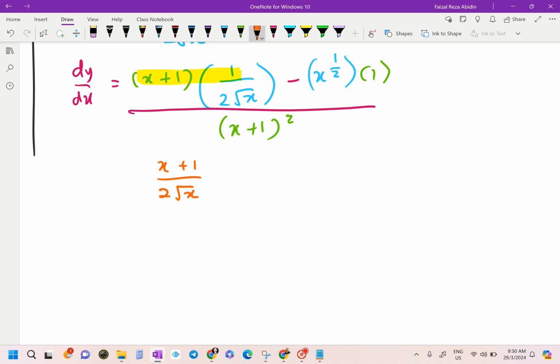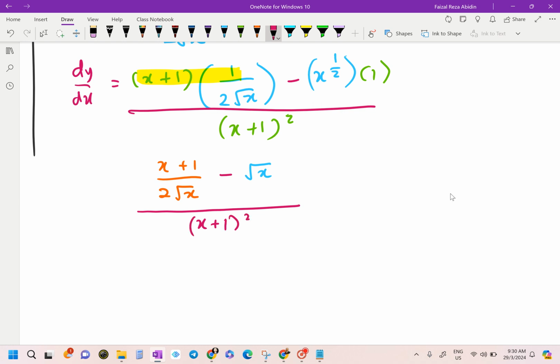Then times 1, so I get x to the power of 1 over 2, or I can write it as the square root of x. Over, just copy back, x plus 1 squared.